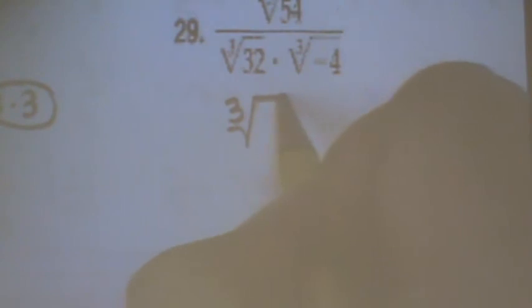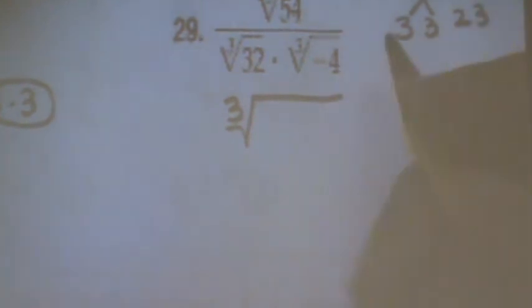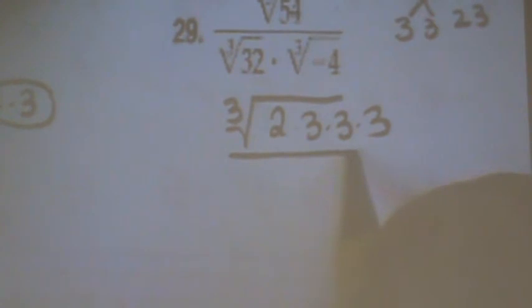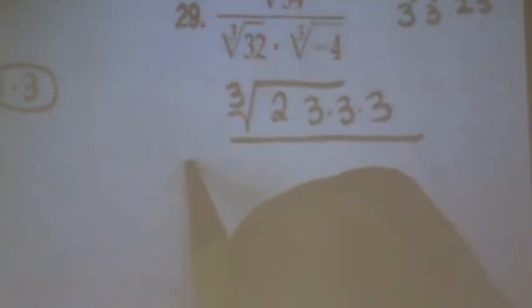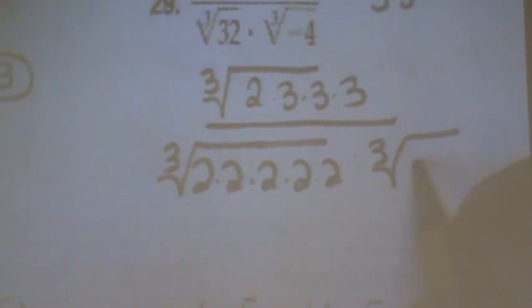How do you rewrite 54? 9 times 6 is 54. So you have 2 times 3 times 3 times 3. And then 32 is, we said 5 2s. And then we have the cube root, and you could do -2 times 2.